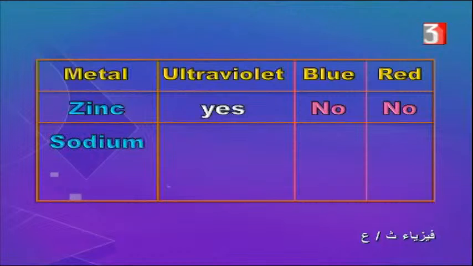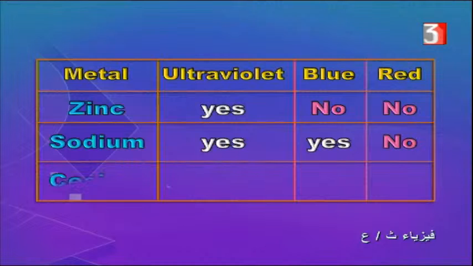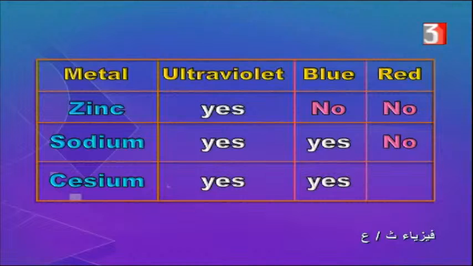For sodium, ultraviolet managed. Blue managed this time, but red, no. And finally, cesium. In cesium, all radiations are capable of ejecting electrons from the surface. Ultraviolet managed, even red managed.